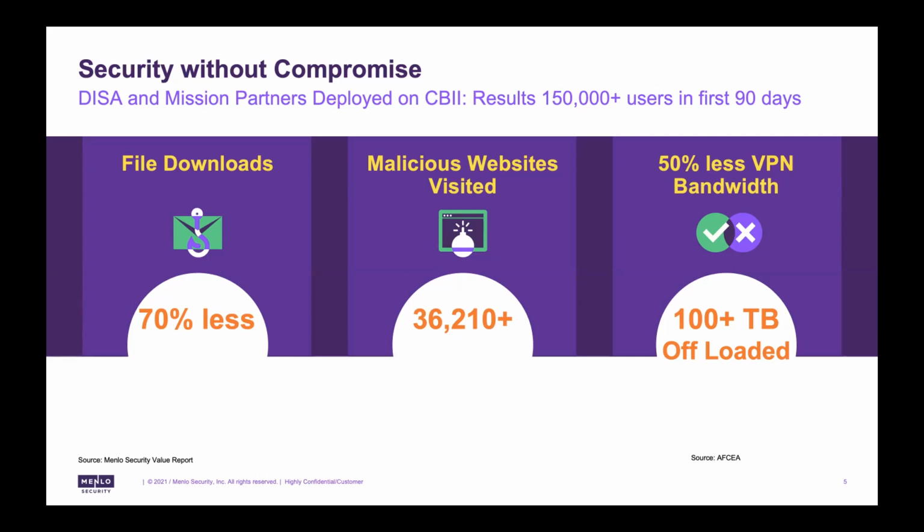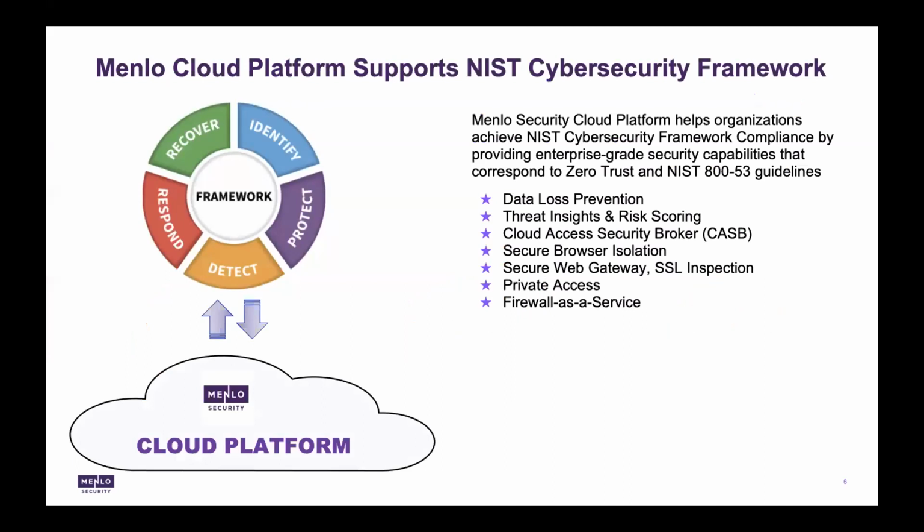And now that we have well over 1 million users on this platform, for DISA and mission partners around the world, these statistics have gone up and improved security posture significantly. And this is one of the proof points of how Menlo can support the NIST cybersecurity framework.